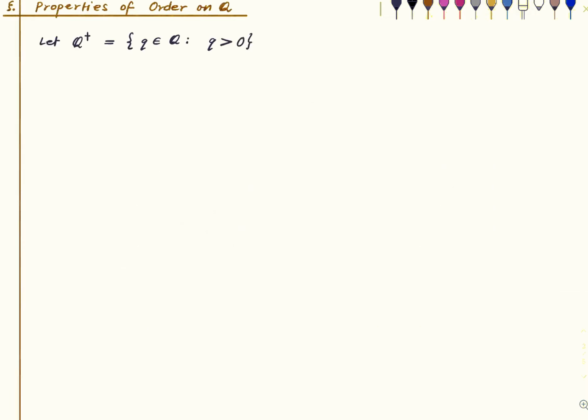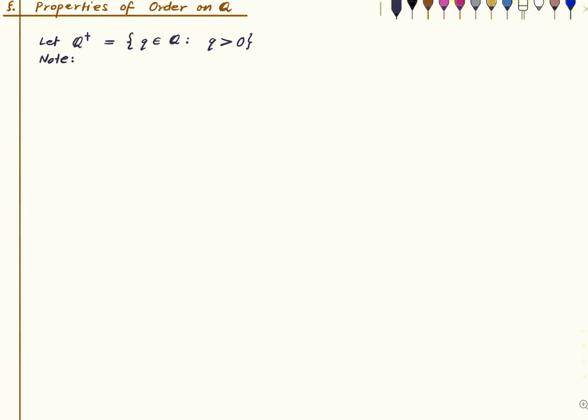And now this has some properties, most of which or almost all of it will be exercises because they are very, very simple. So let's express them. So this is a notation to denote all those rationals which are positive, which are greater than 0. Again, 0 stands for 0 by 1. All right, so note the two fundamental properties using which you can prove the rest, which we will mention.